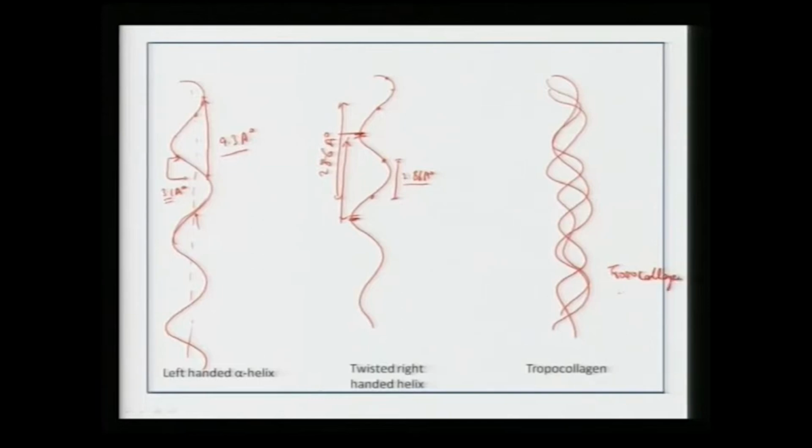So we have to start from the alpha helix structure, which is a left-handed alpha helix with a vertical distance of around 3.1 angstrom, and 3 units form the pitch, which is nothing but 9.3 angstroms, whereas after uncoiling it, the twisted right-handed helix has a nearest neighbor distance of 2.86 angstrom, and the overall repeating pitch comes to 28.6 angstrom, and 3 of such structures combine to form tropocollagen.